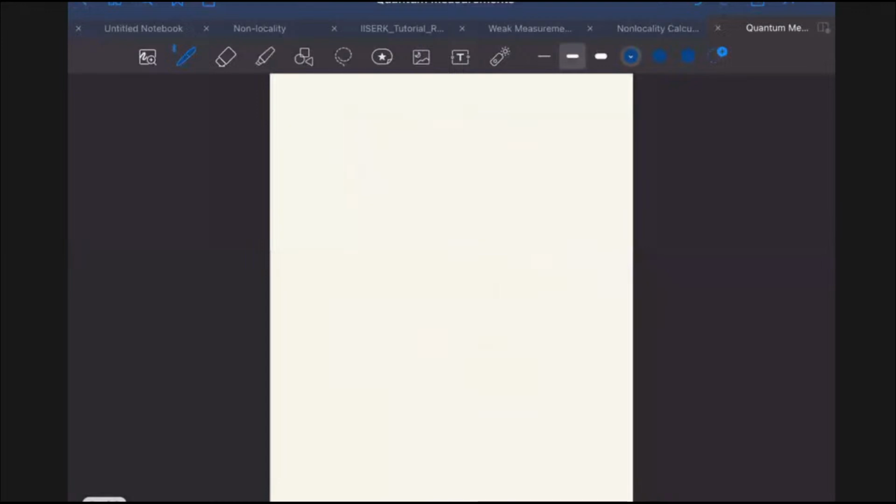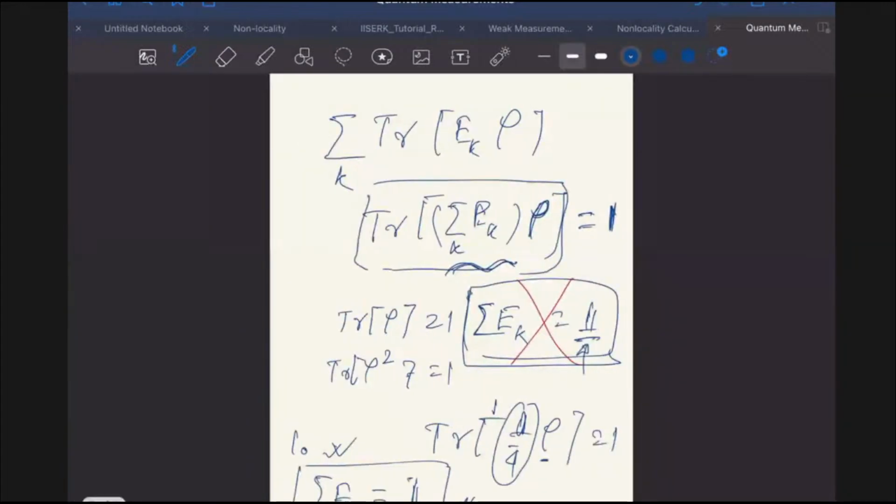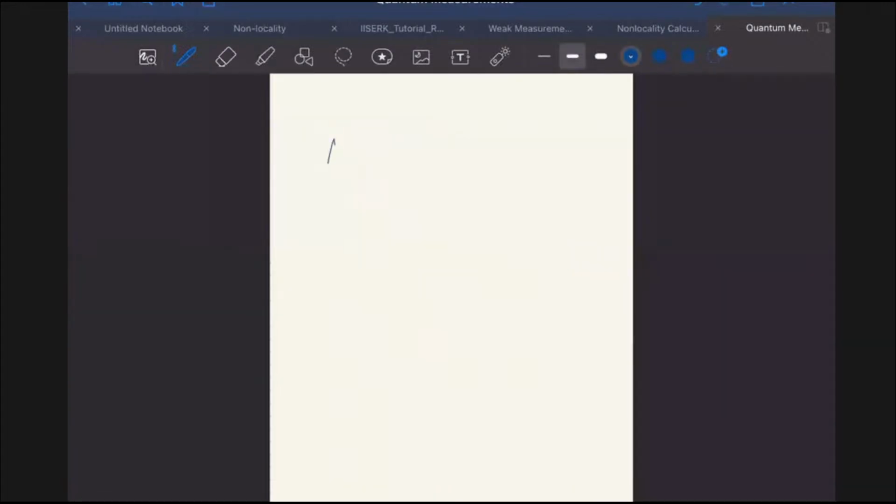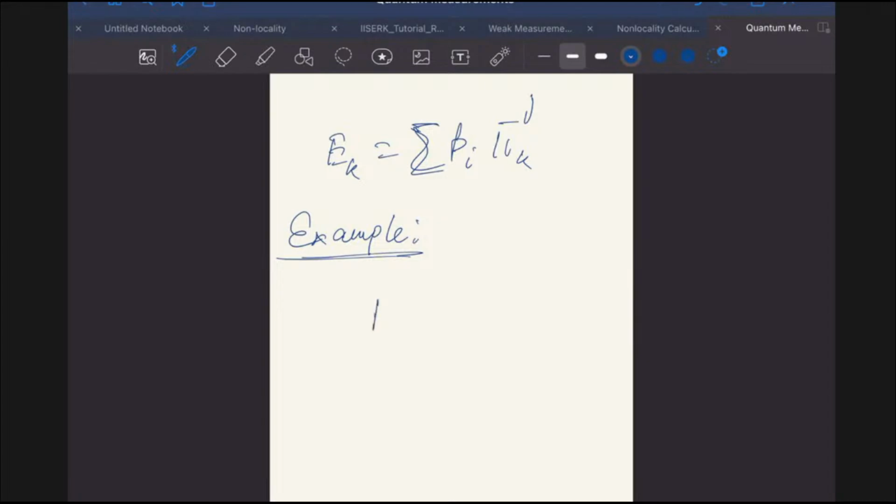Okay. Now see the form of the POVM. My form of the POVM was E_k equals sum of pi_i pi_ik, right? Let me give an example of such a POVM. We often write this kind of POVM. Let's say I have some P, some E0 and E1.